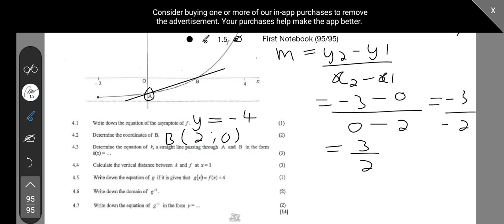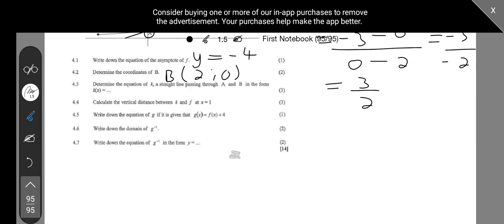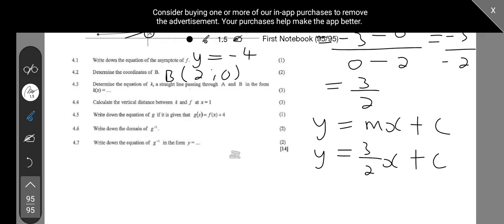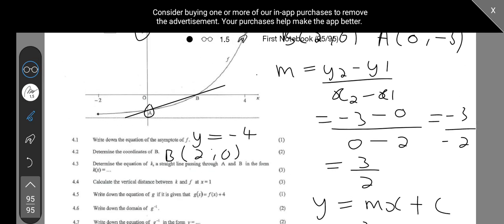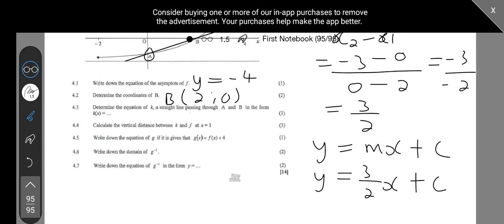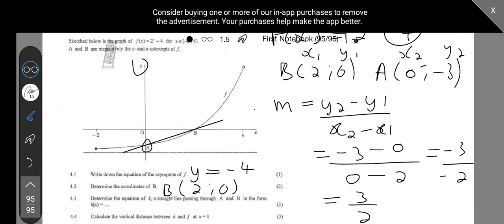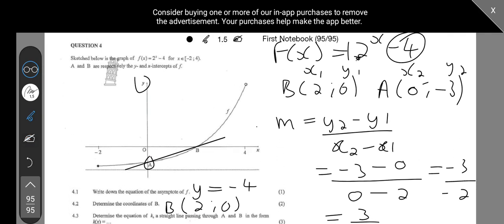That is your gradient. And remember that your equation is given in the form y is equal to mx plus c. We're going to plug in your gradient. y is equal to m, that is 3 over 2 x plus c. So what is c? c is the value of the y-intercept. We have calculated the value of y at point A. Remember, it was given as minus 3 when we found it before.